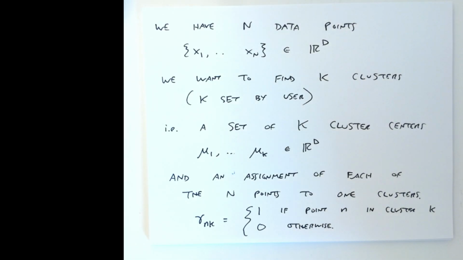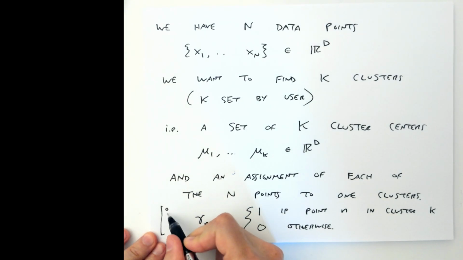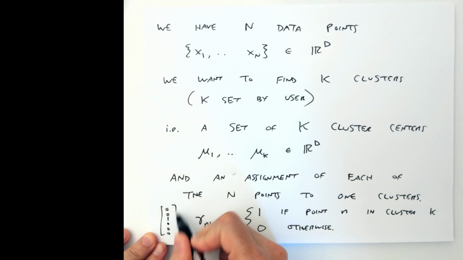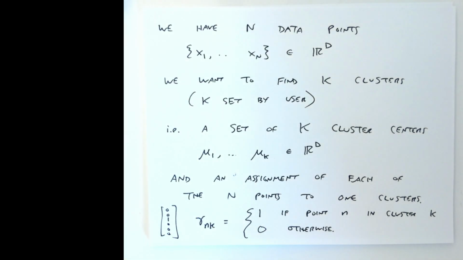So this gamma for each point is basically a binary vector where only one of those elements is 1 and the rest are 0. It looks something like this. If I had 6 clusters, this is like saying that this point is in cluster number 3.